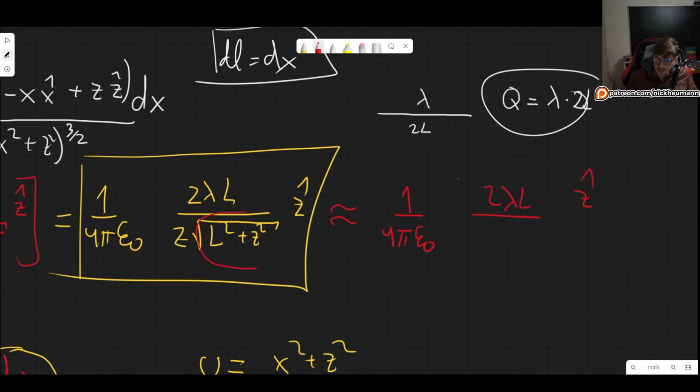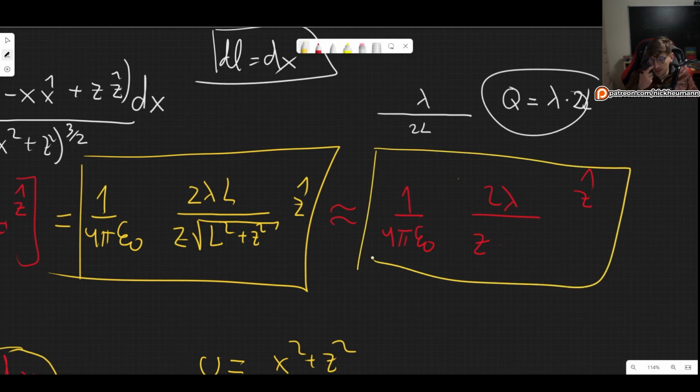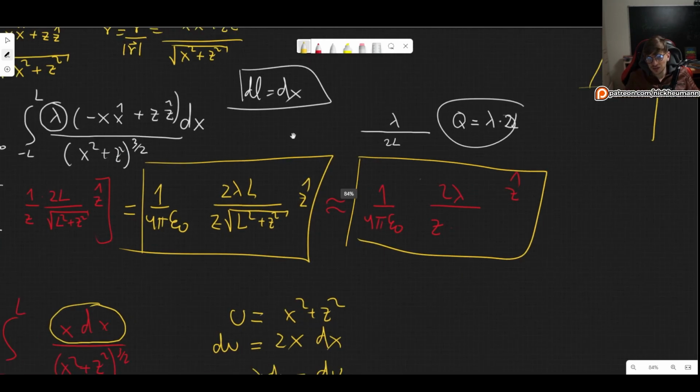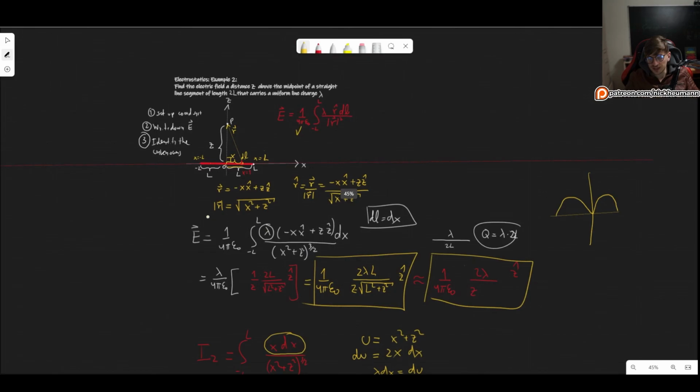And now this time it is the z squared term that is negligible. So we get z times L after taking the square root. So the L's cancel out, right? And we end up with this, which is actually, as we'll see later, exactly the electric field of an infinite straight wire. So that's kind of nice. You will see that we'll find it via a different method in the future. So that's just a little bit more to understand what we did.